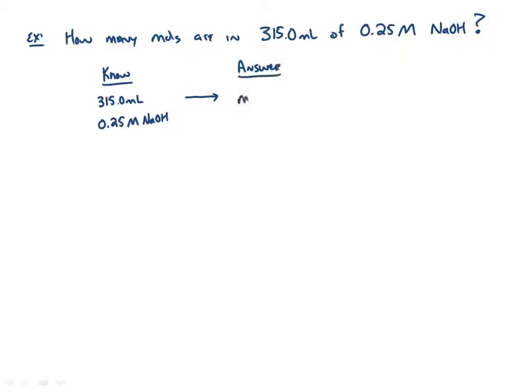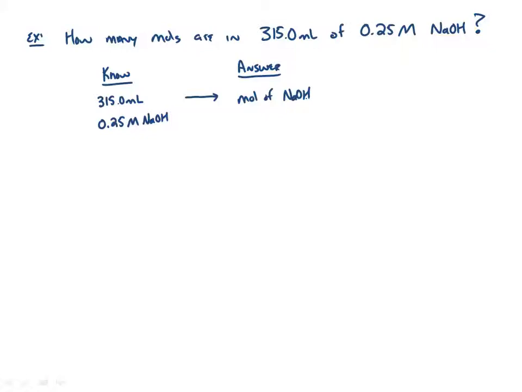Yeah, moles of NaOH. So notice that my ending thing has 1 unit, right? I want moles of NaOH. So that means I have to start with just 1. But I've got 2 numbers in there to choose from. So which one should I start with?